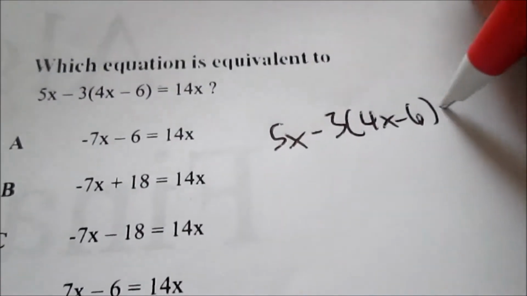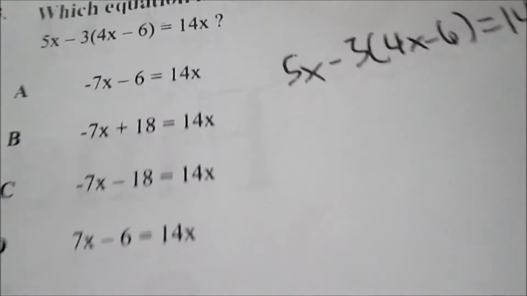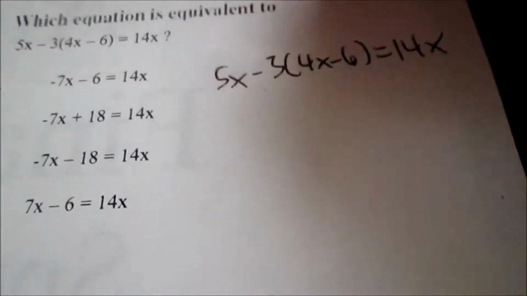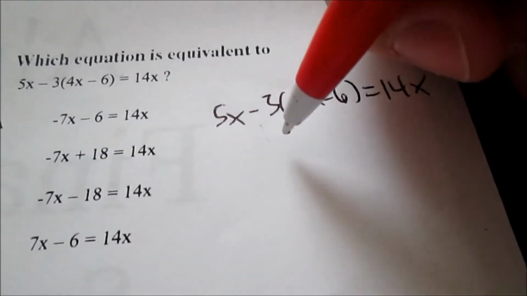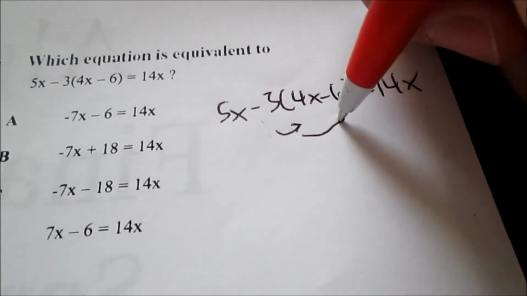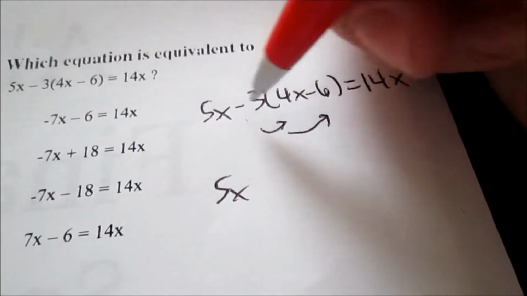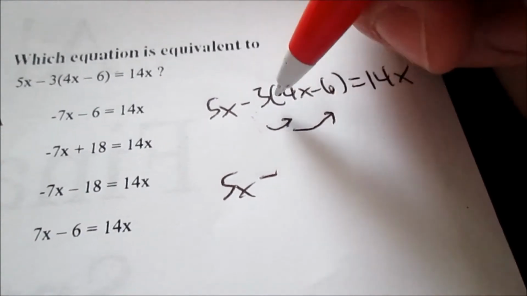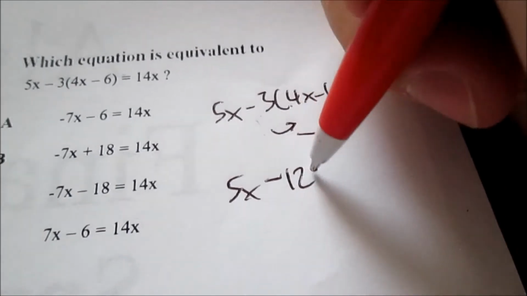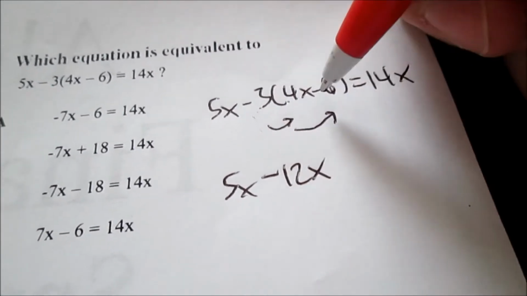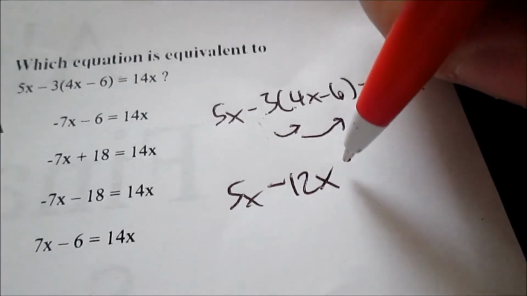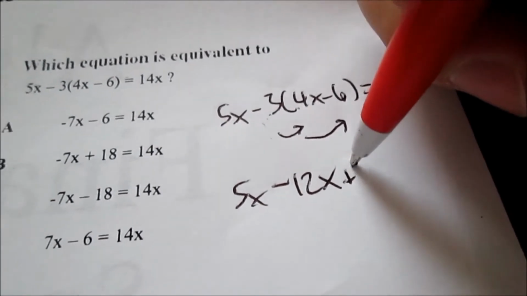In other words, simplify as much as I can so I get a smaller, shorter equation. So first thing I'm going to do is distribute the 3 on the outside. Rather, it's -3, so it's like saying -3 times 4x, which is -12x. Then -3 times -6, which is positive 18.